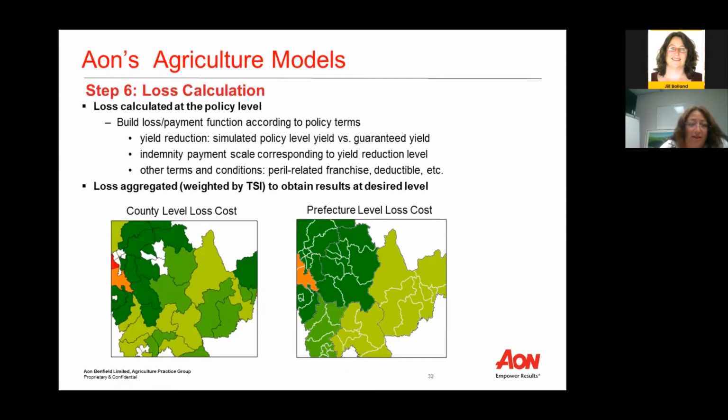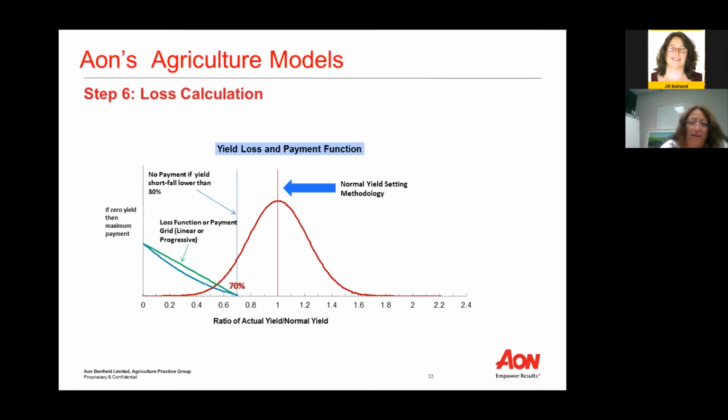We then turn these into losses, which is based on the policy terms and conditions of the insurance company. Usually there's an excess or something like that. So we have to say, well, your yield was down, how much would the farmer get paid out based on the policy, how much would the insurance company have paid out? This gives you a bit of an idea.